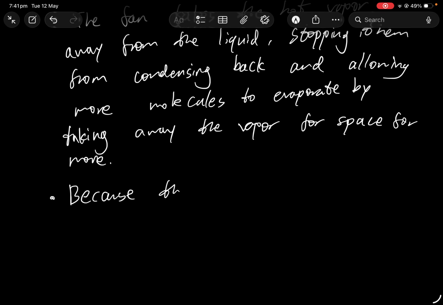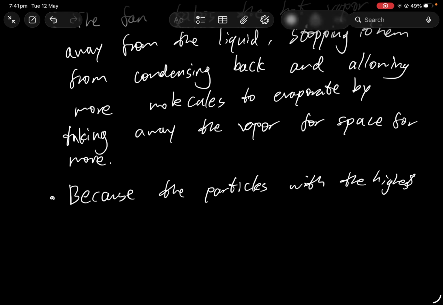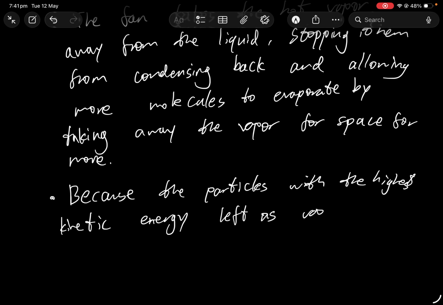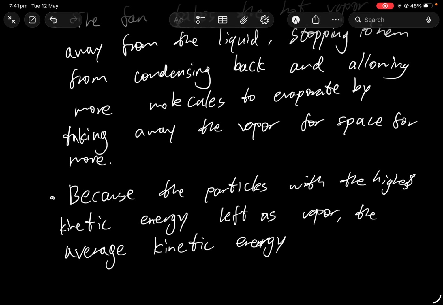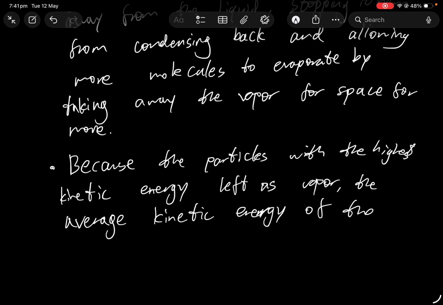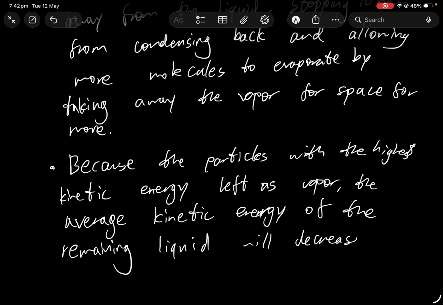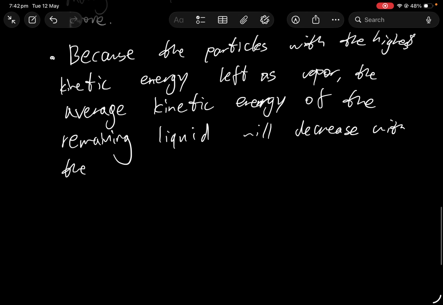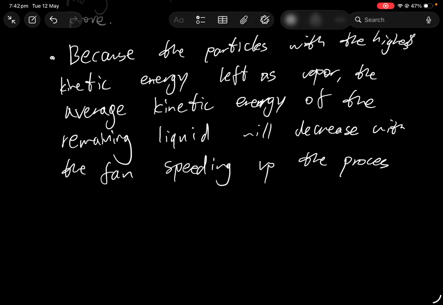And now I have to relate it back to the question, and I'm going to say because the particles with the highest kinetic energy left as vapor, the average kinetic energy of the remaining liquid will decrease, with the fan speeding up the process.